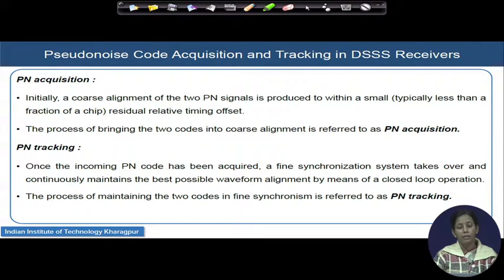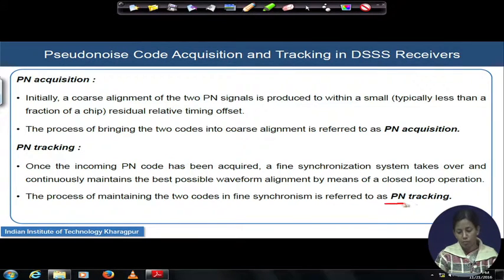It is the method of correcting the residual timing offset that is left after PN acquisition, and usually the range of this offset lies within half of the chip duration interval. And this process of maintaining these two codes in fine synchronization is basically called PN tracking, which is the topic of our discussion today.